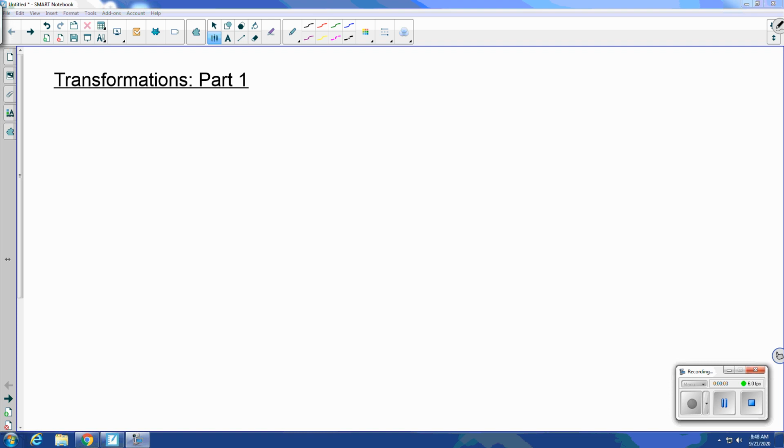So our first part of transformations is going to center around just the XY coordinate. So we're going to look at a single point.